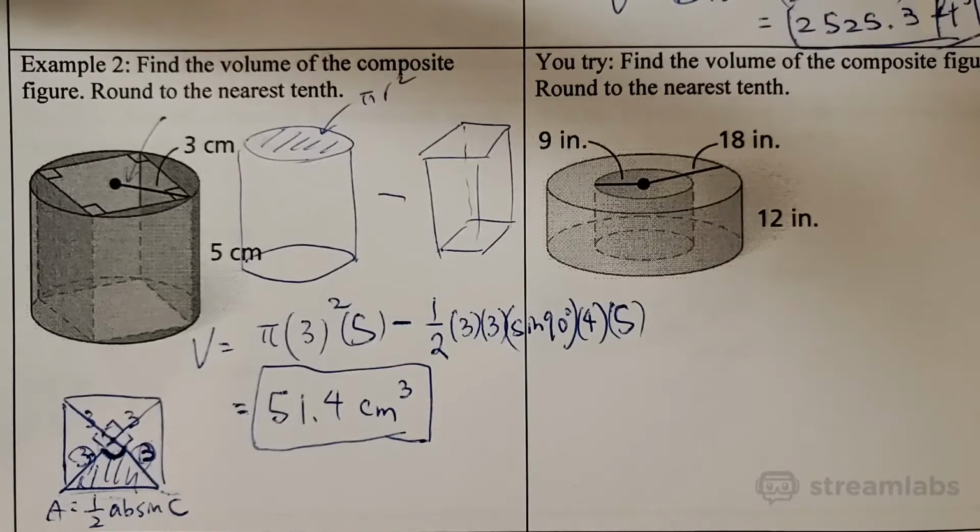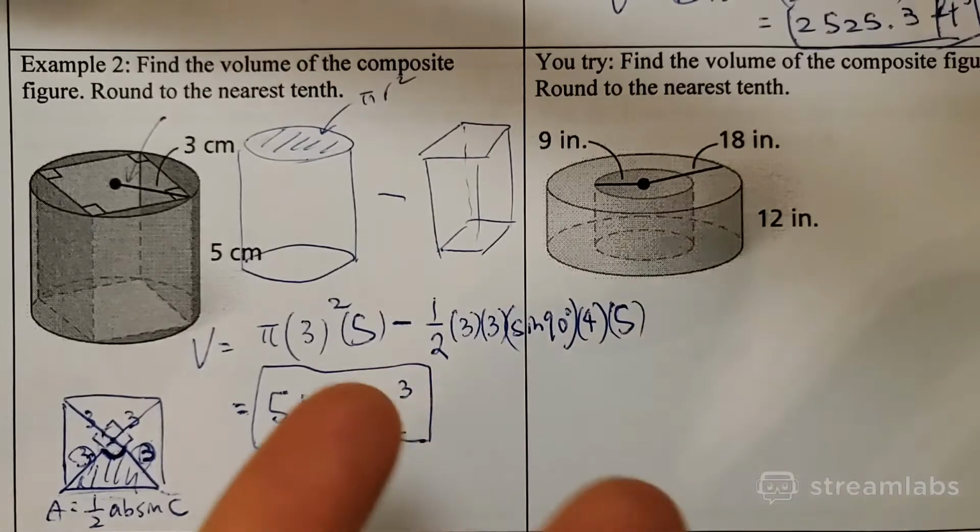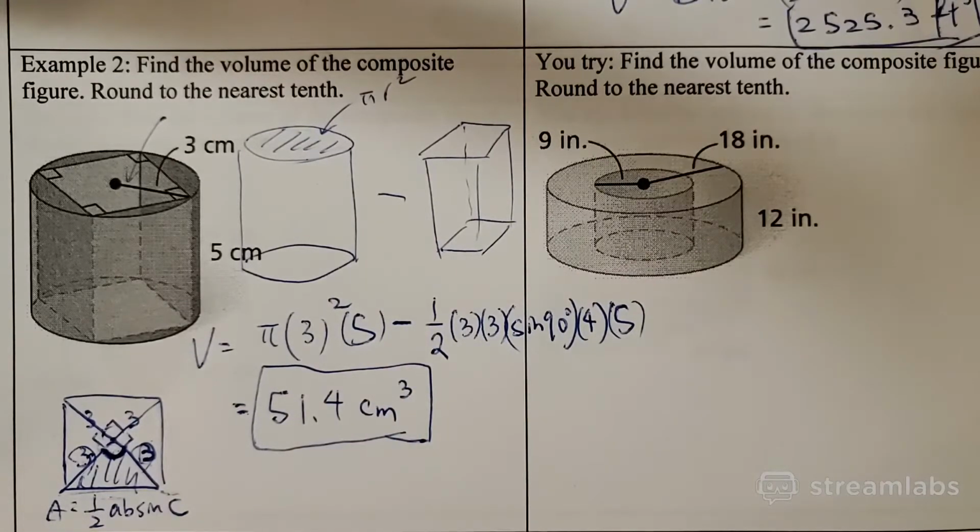Okay. How are we doing with this? So same thing as the previous one. You just need to find it. Yeah, you're right. And round to nearest tenth, right? So it will be 51.4.